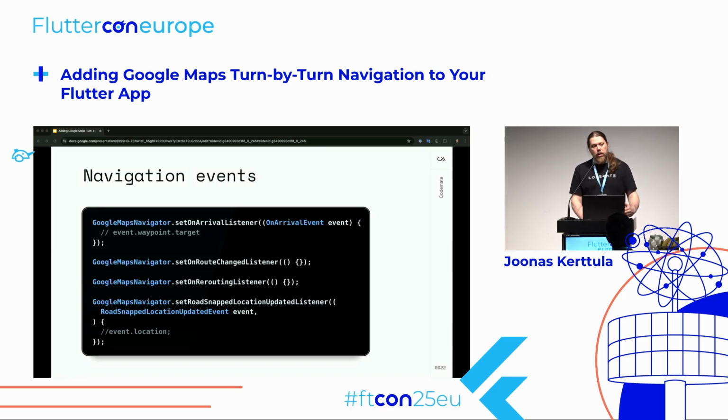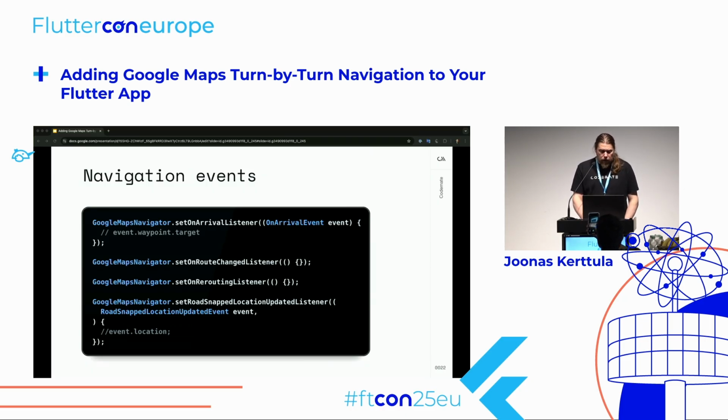It doesn't continue to the next waypoint if you don't update the destinations. So when you arrive at a waypoint, just remove that waypoint from your destinations list and call set destinations again, and it continues to the next target.